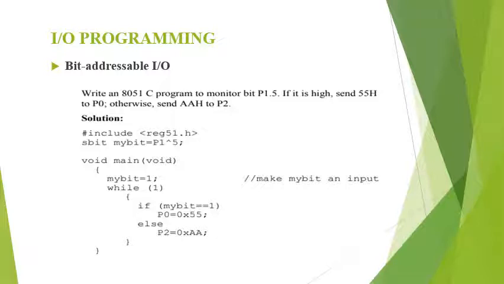Next program, write an 8051 C program to monitor bit P1.5. If it is high, send 55H to P0, otherwise send AAH to P2.